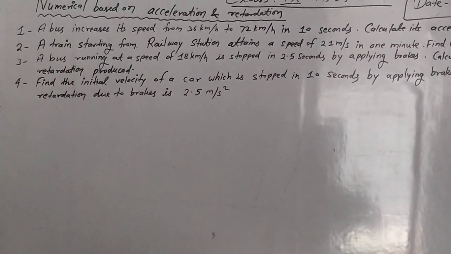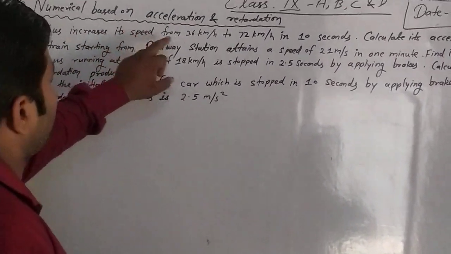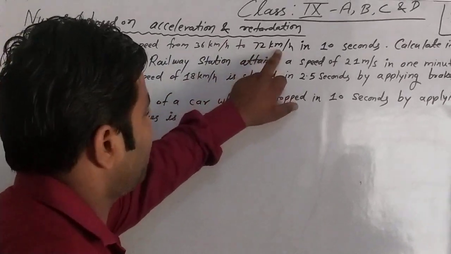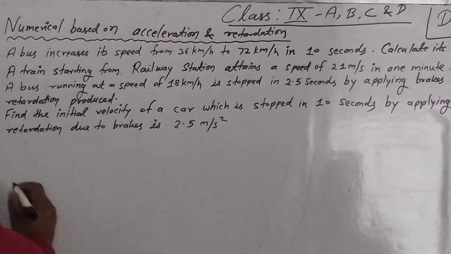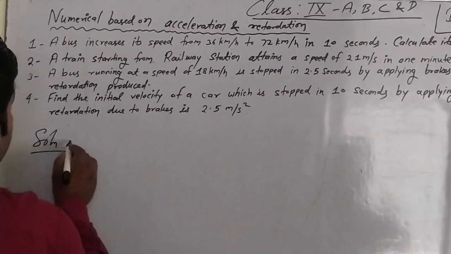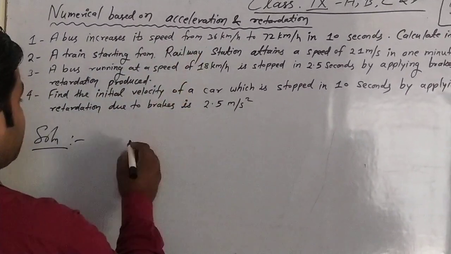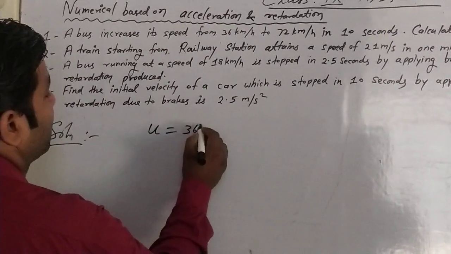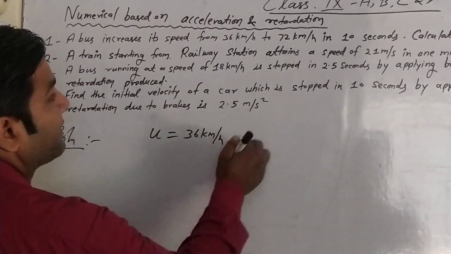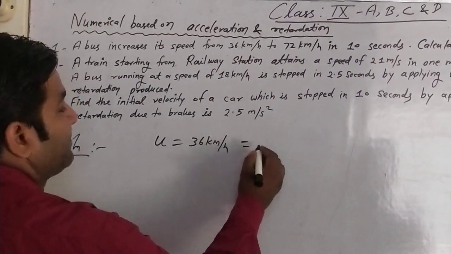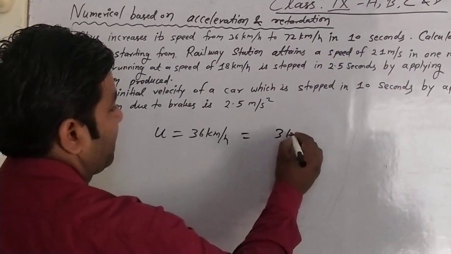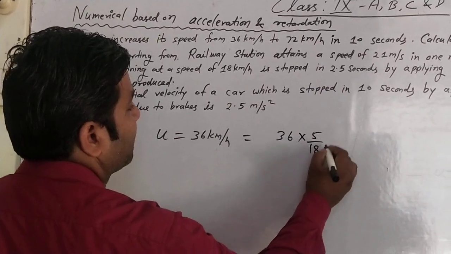A bus increases its speed from 36 km per hour to 72 km per hour in 10 seconds. Then calculate its acceleration. Solution: first, initial speed u is equal to 36 km per hour. Time is given as 10 seconds. So convert kilometer per hour into meter per second by multiplying by the factor 5 upon 18.